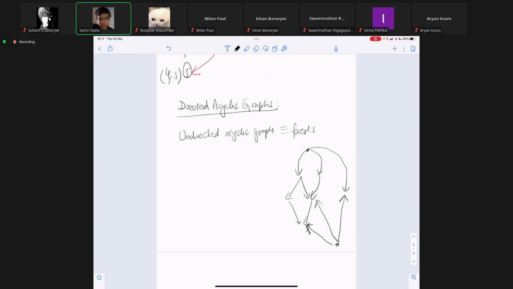So what is the use of directed acyclic graphs? Of course, it's a natural class of graphs, but in many natural situations can be modeled by directed acyclic graphs. For example, you can think of courses and prerequisites.